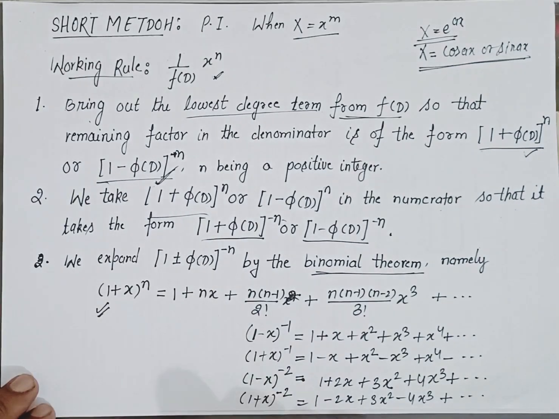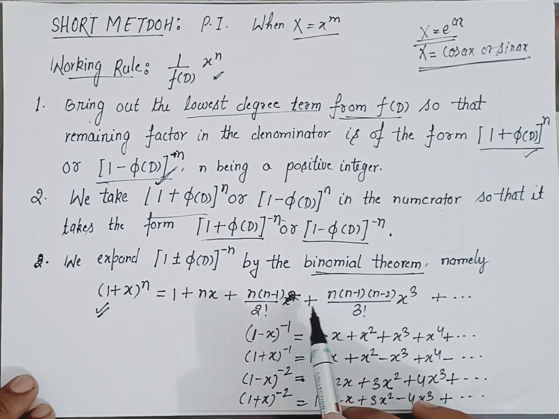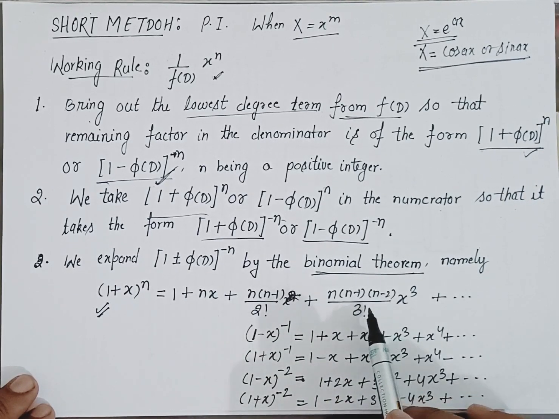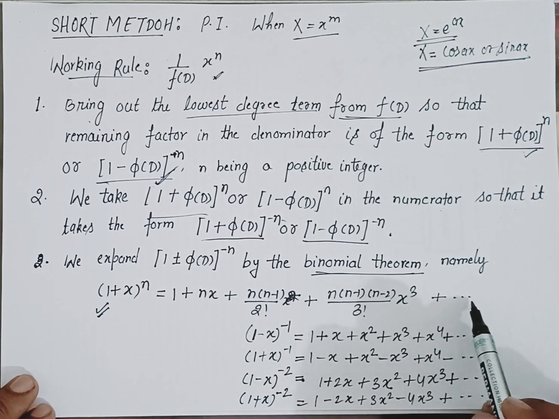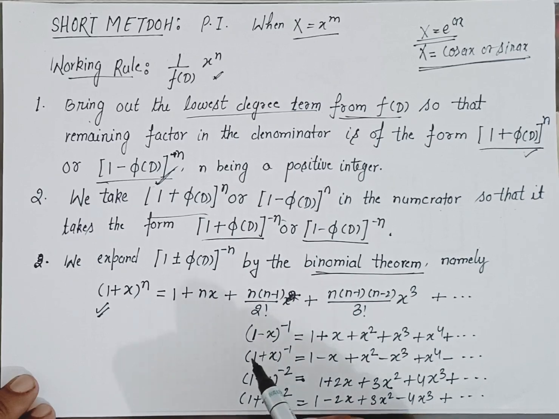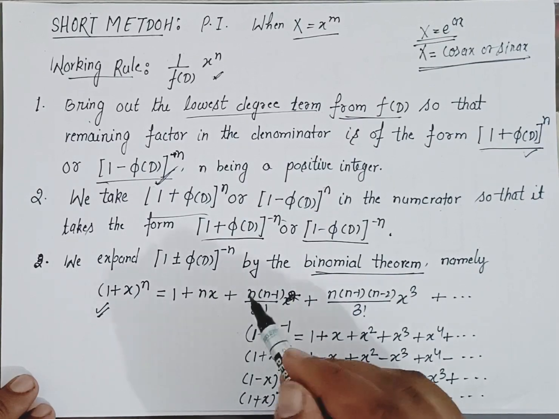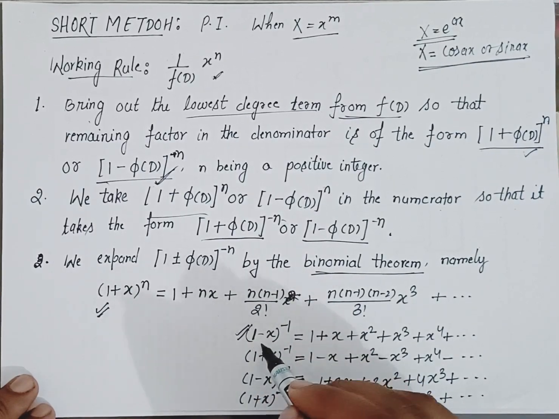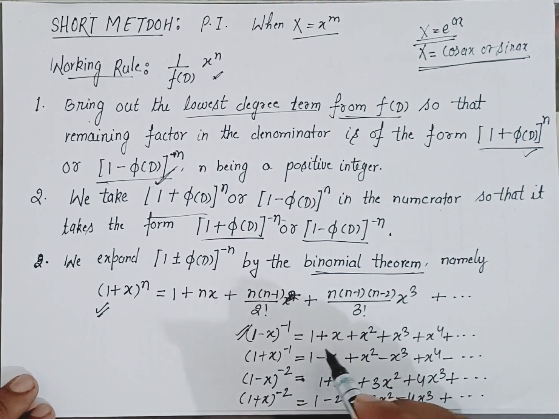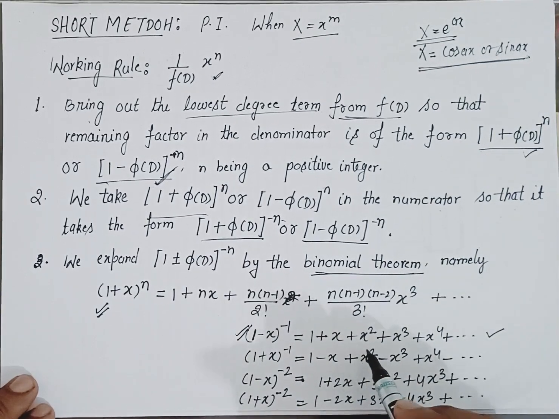I am recalling some formulas for the binomial expansion here. 1 plus x to the power n equals 1 plus nx plus n(n minus 1) by 2 factorial x square plus n(n minus 1)(n minus 2) divided by 3 factorial x cube plus dot dot dot up to infinity. The expansion of 1 minus x to the power minus 1 is 1 plus x plus x square plus x cube plus x to the power 4 plus dot dot dot up to infinity.